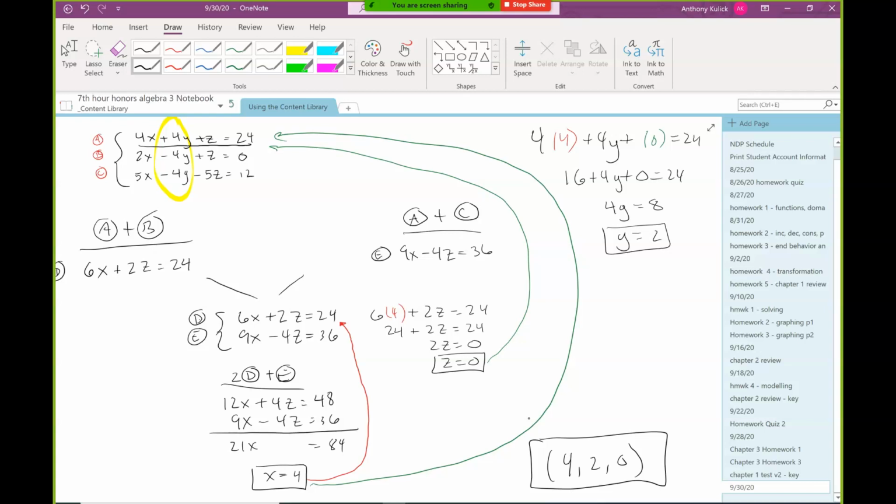A by 3 and B by 2. No, because you'd have 2z plus 3z would be 5z.